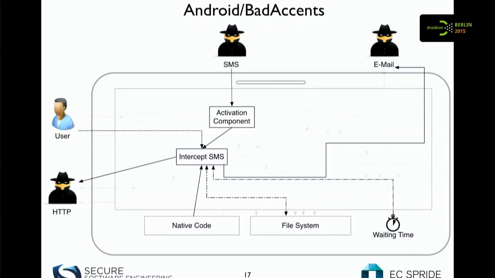There are a lot more components in it, but for this demo I picked one specific malicious component to explain. You install the app on your phone, and it expects an SMS from the bad guys. It had to have a specific format, as you will see, and then the intercepting SMS component is activated.